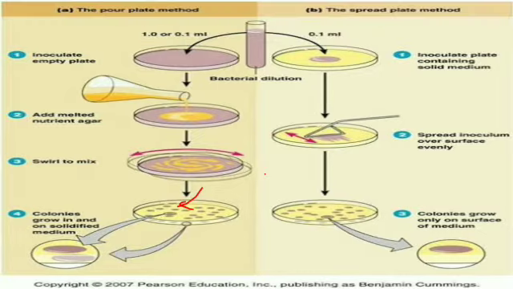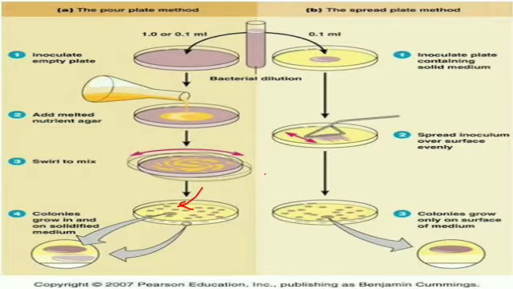There is another way of getting these colonies, that is called the spread plate method. In this method, bacterial solution is taken and inoculated on solid medium.